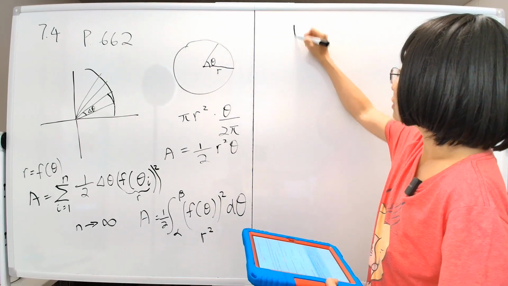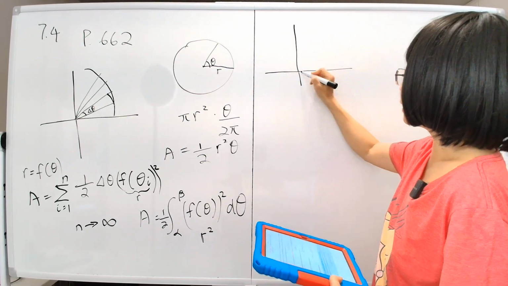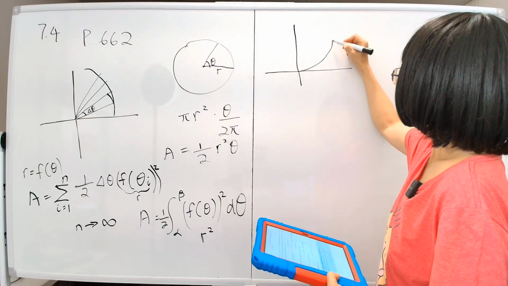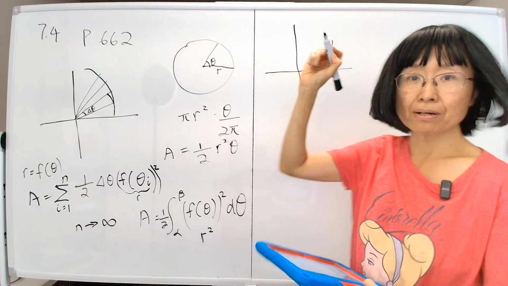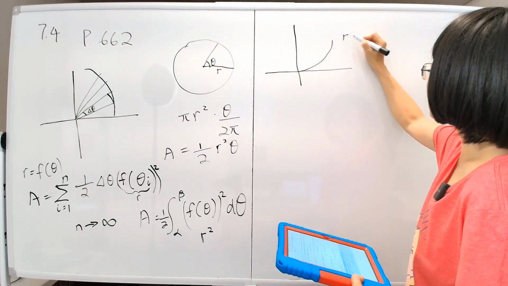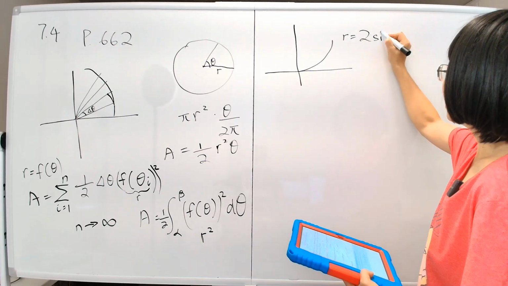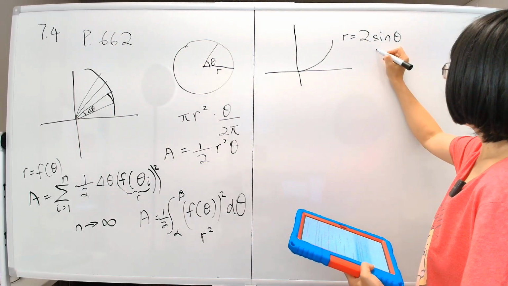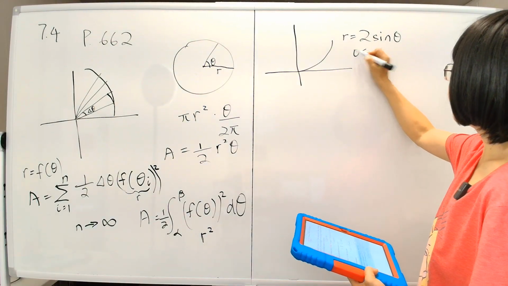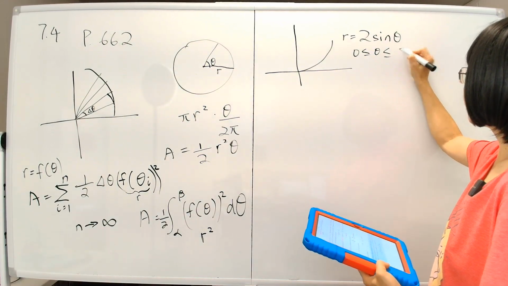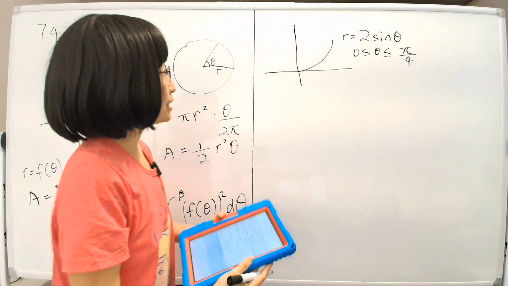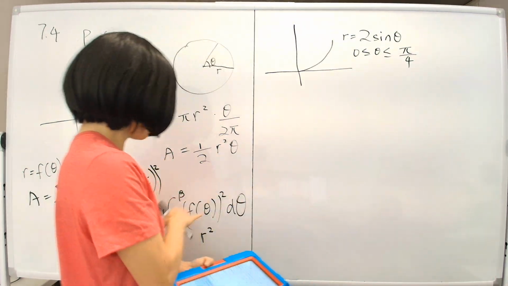For example, let's consider this thing. This is part of a circle, r equal to 2 sine theta, with theta going from 0 to pi over 4. Let's say we integrate the area following this formula.